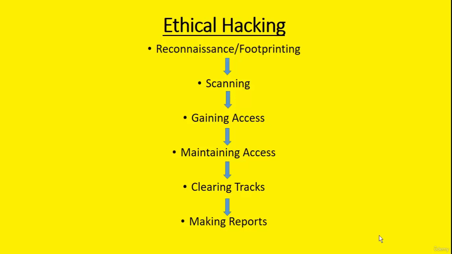Now the second phase of ethical hacking is scanning. Scanning is divided into 3 main parts. First is port scanning, that is scanning for live ports in your target system. Second is vulnerability scanning. Vulnerability means weakness, finding weakness in our target system or in our target website or in our target network, right?